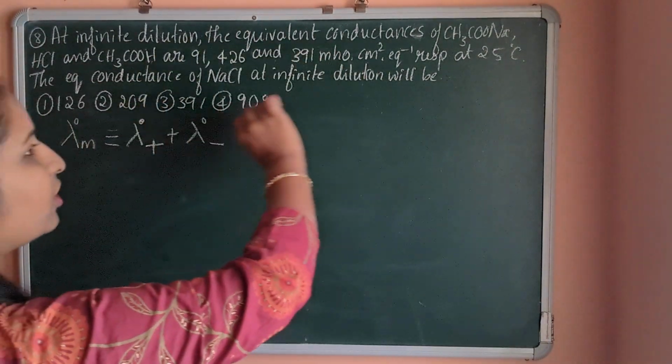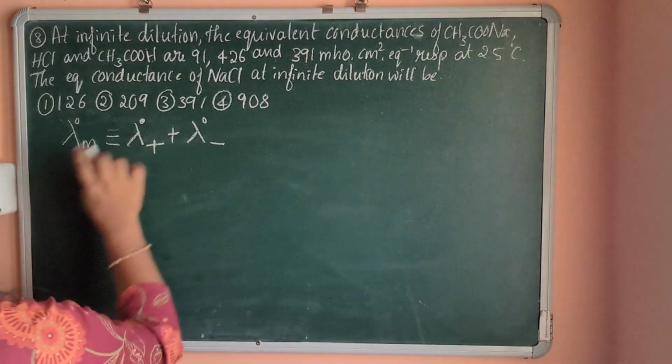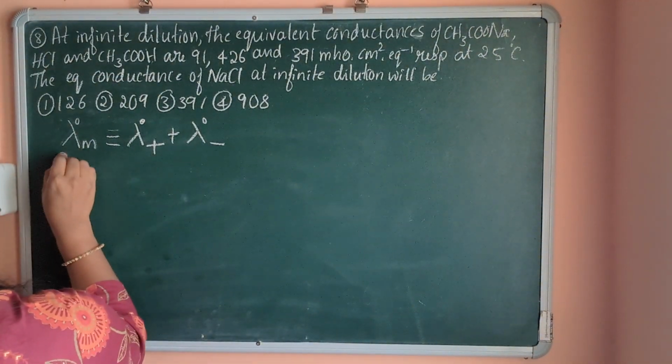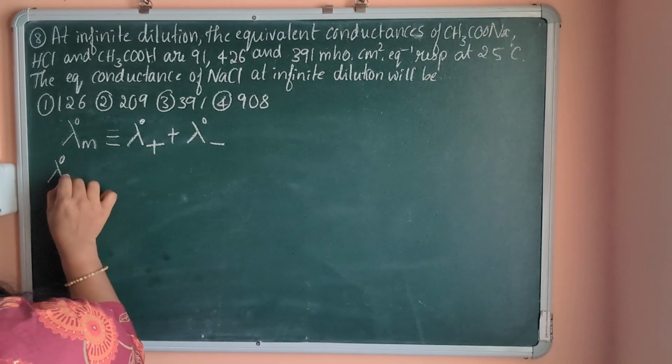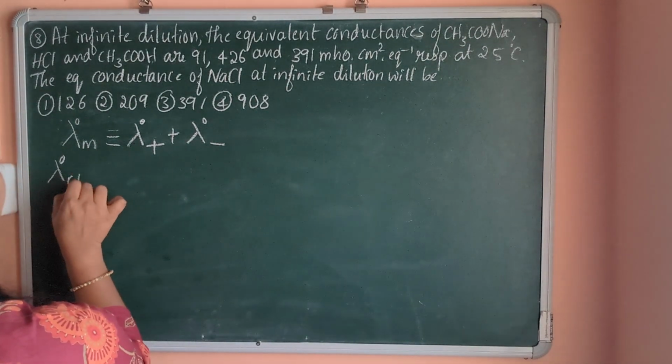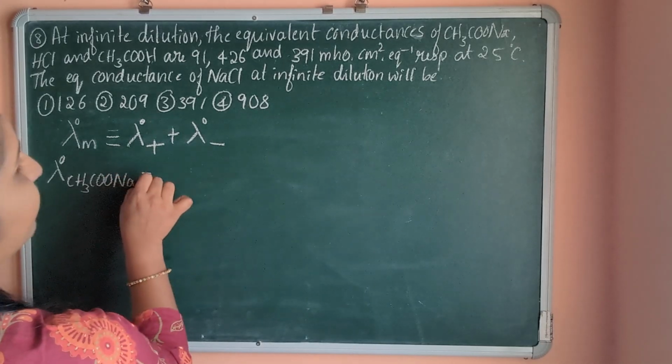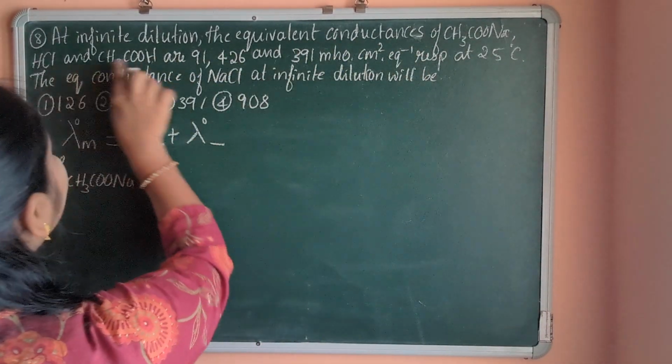First, let me write what all has been given here. They have given the equivalent conductance of sodium acetate, that is the limiting conductivity of CH3COONa, which is 91.